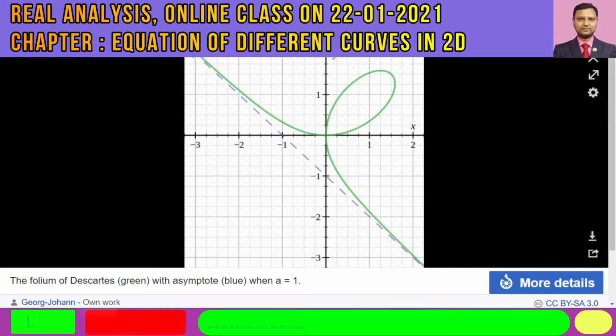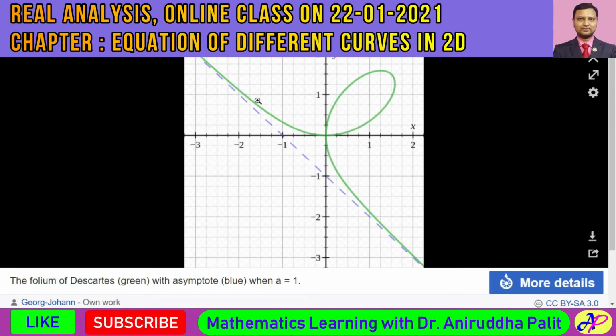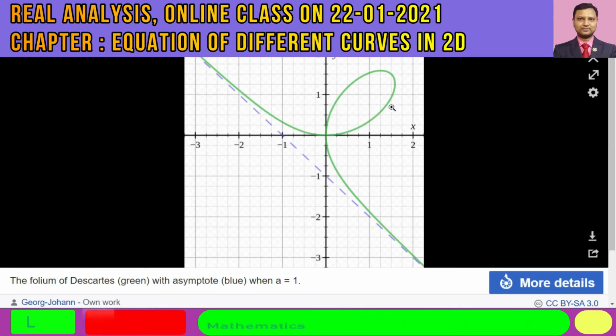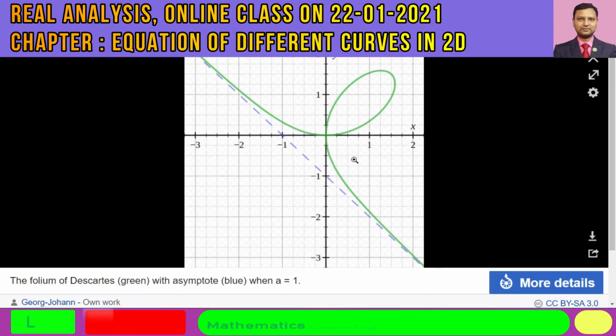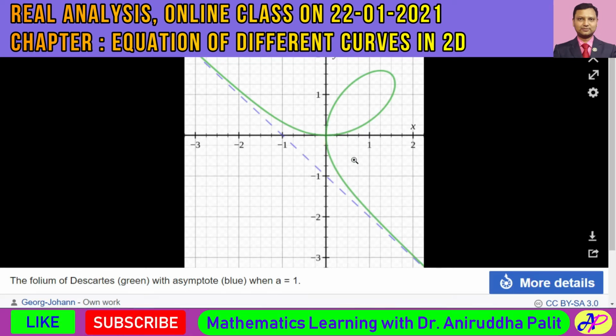It actually has two infinite branches. One is in the second quadrant and another is in the fourth quadrant, and one rotation is there in the first quadrant. You can call it a loop. This Folium of Descartes is passing through the origin.